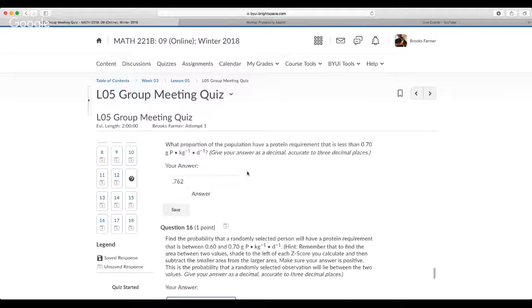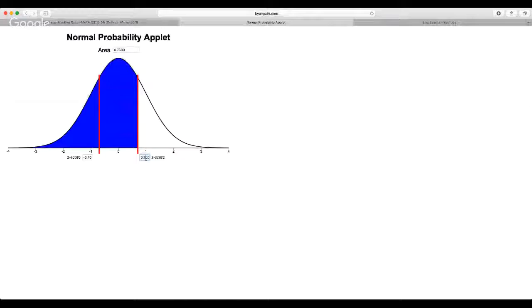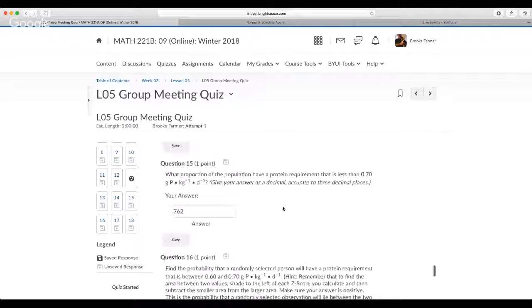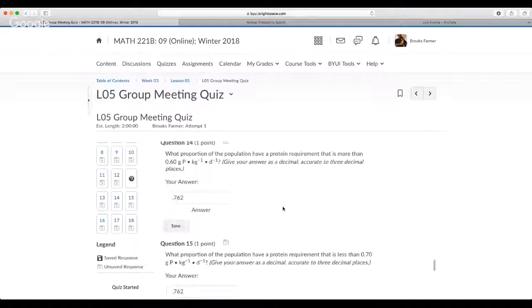All right, so 0.70 is what we had, the 0.714, correct? Yeah. All right, so I'm going to write this down. It's the 0.762. And we're subtracting the z-score we got for 0.60 earlier, right? Mm-hmm. Well, not the z-score.